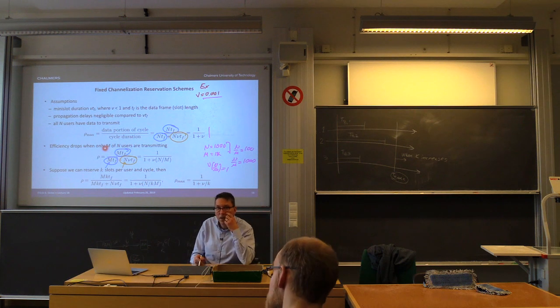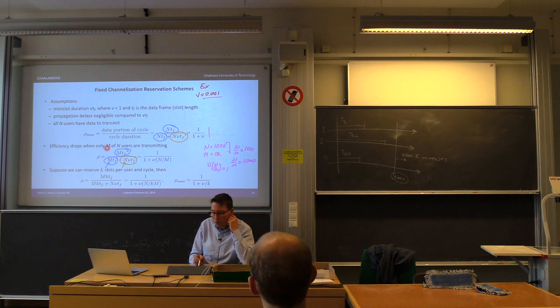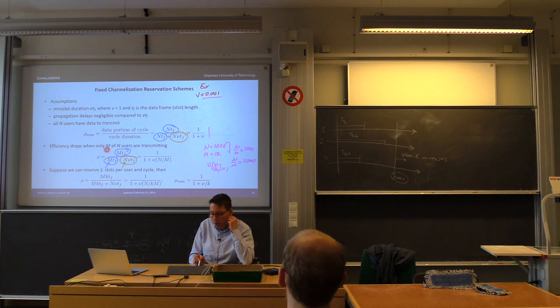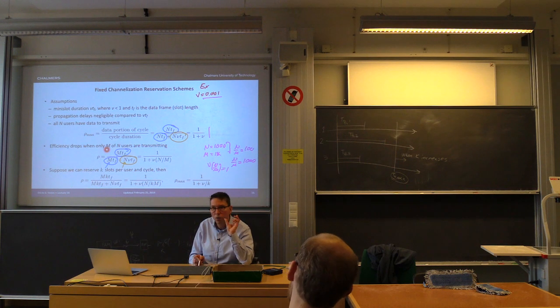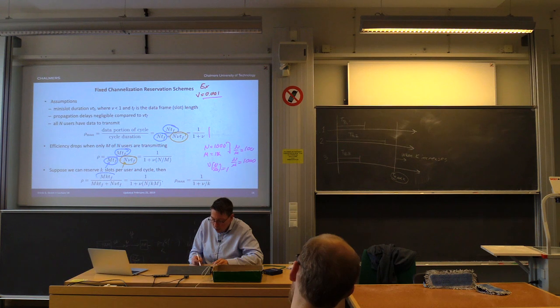We can counteract that a little bit. If these users have a lot of data to transmit, then we can maybe reserve not only 1 slot, but say up to k slots per user in a cycle. So then we get a situation where the data portion is m, because we have m users, we have k slots per user, and there is tf seconds per slot. So the blue part would be m times k times tf.